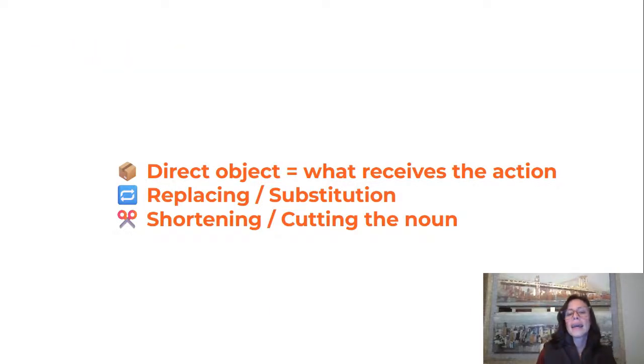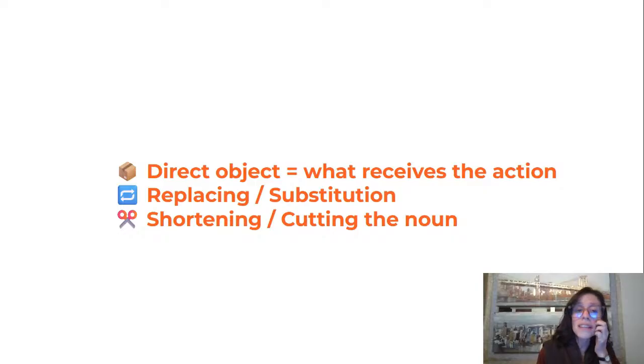A direct object is what receives the action. It doesn't matter if it's a thing, an idea, a person. It replaces the object of a sentence.